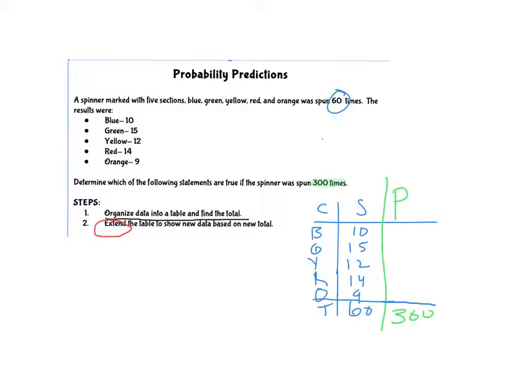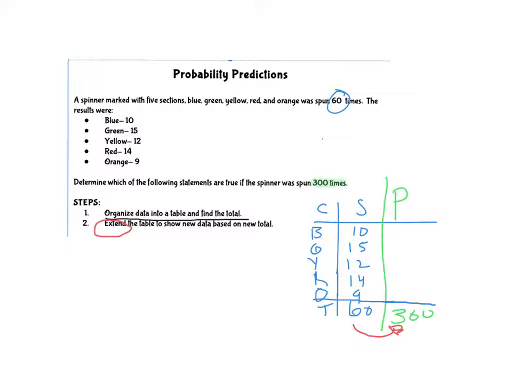Now, here's the process we need to use to figure out how many times each one of these is going to be spun. I need to figure out, what do I do to 60 to turn it into 300? A lot of you are probably going to see right away, I just multiply by 5.